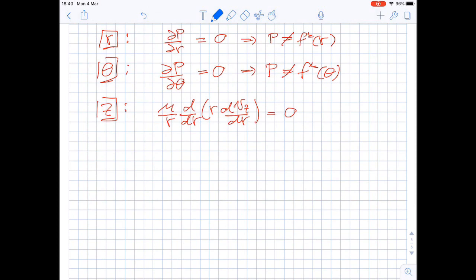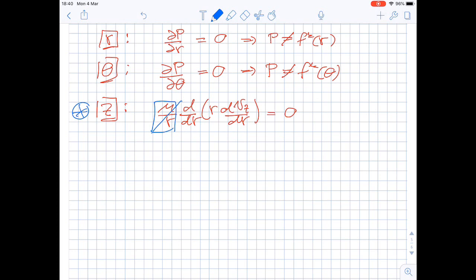So from the z component, you can eliminate this term. The whole term here can be eliminated because the right hand side is 0.